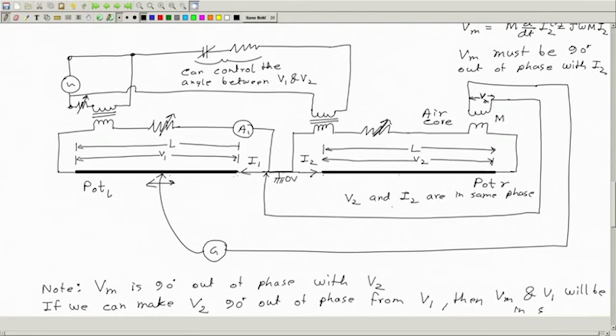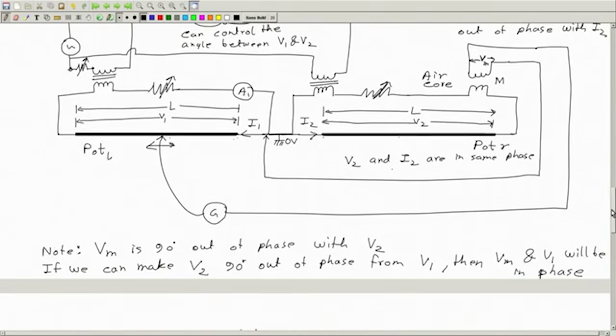Because V2 is 90 degrees from V1, and Vm is 90 degrees from V2, that means V1 and Vm will be at either 0 degrees or 180 degrees.